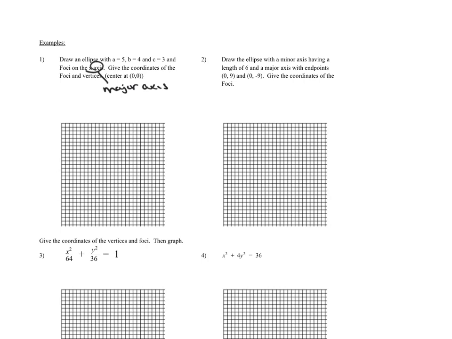So we'll go ahead and draw on our axes. And I made these grids smaller so that it would be easier to put the conic sections or the ellipses on the graphs without going off the grid. All right, so we're centered at the origin, and we know that a equals 5, so that's where our vertices will be on the x-axis.